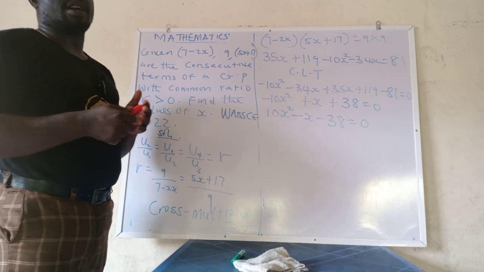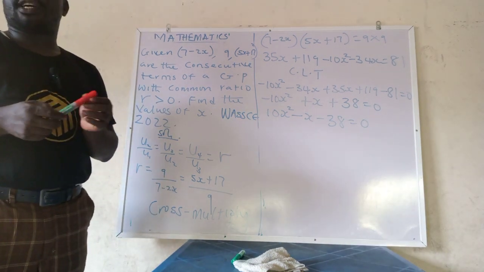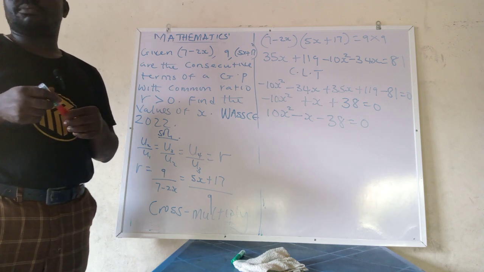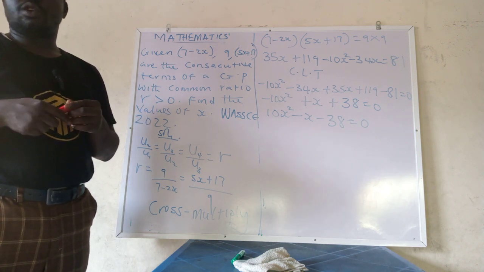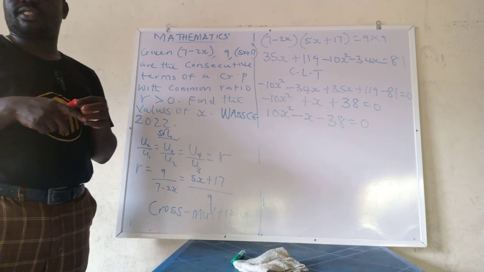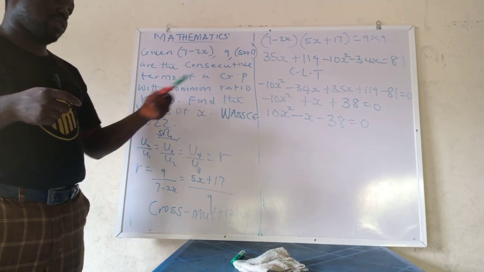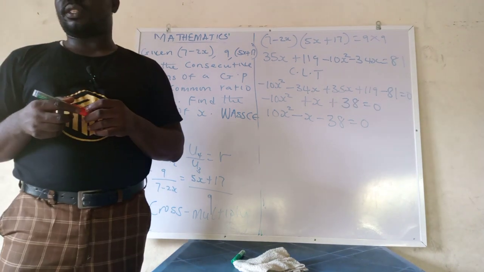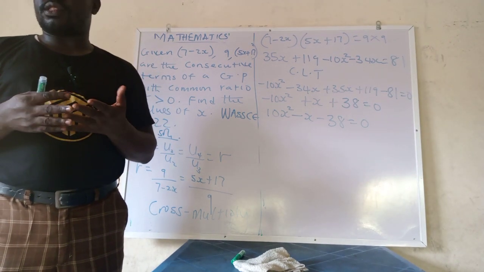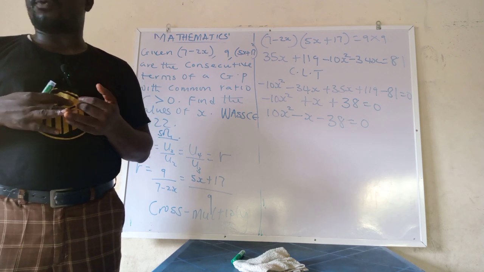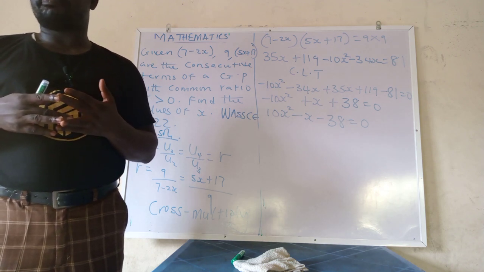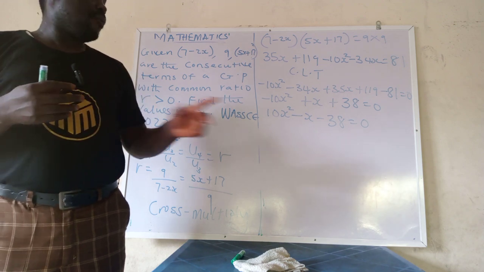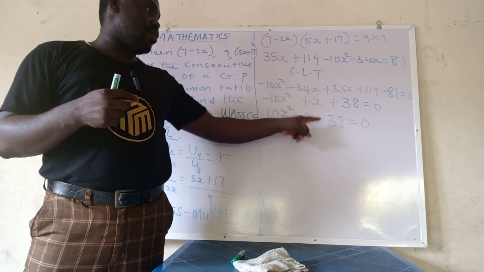So there are two ways you can look at this. You can either solve using the formula method, or you just factorize it. So let's see if we can factorize it very quickly. You check out the factors. Students, be fast. What are the factors?